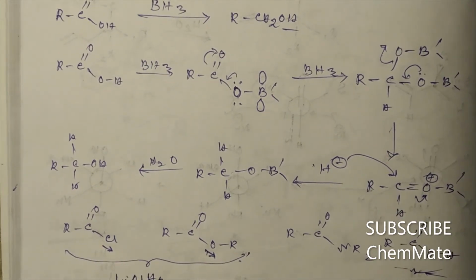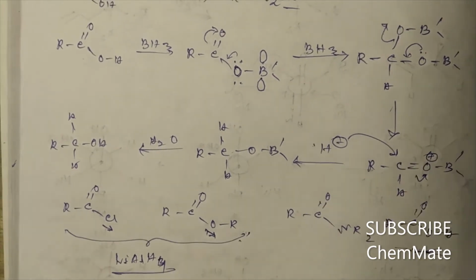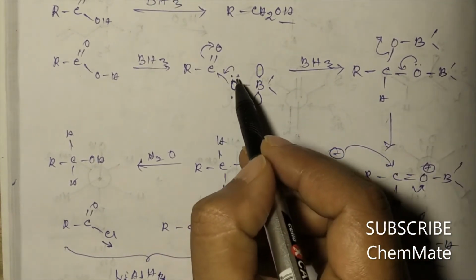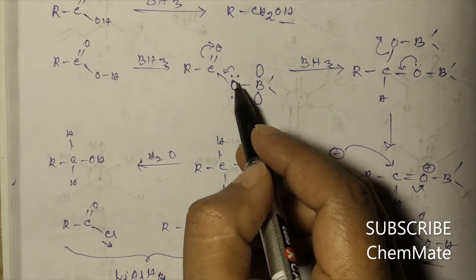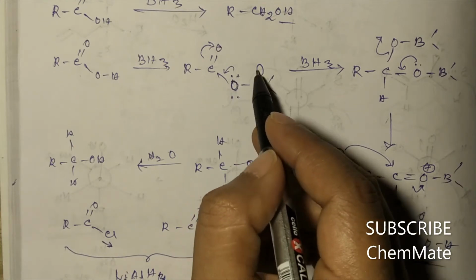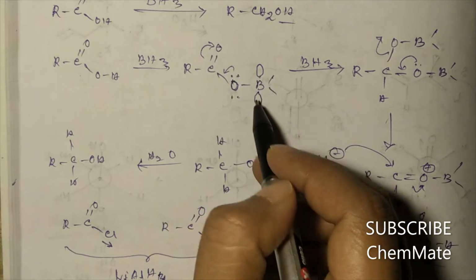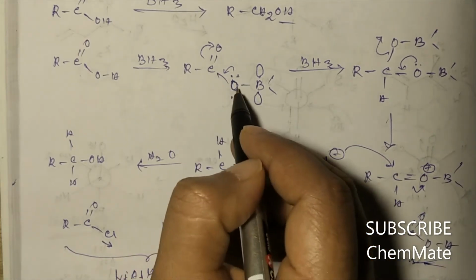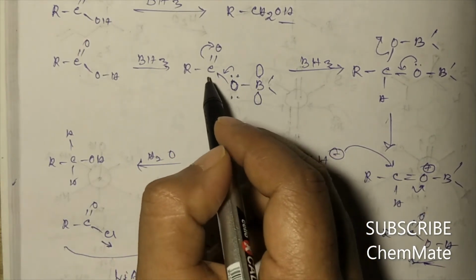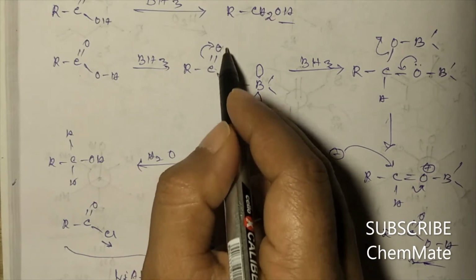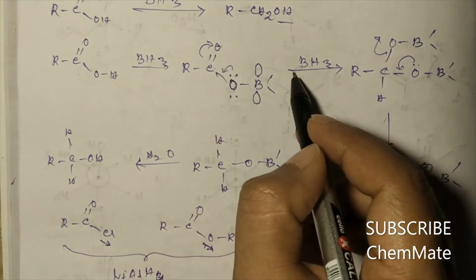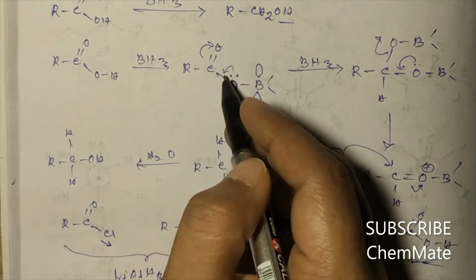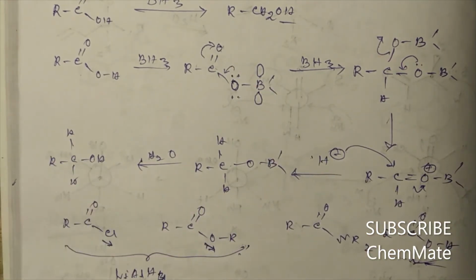So in this case, as we can see, in this ester the oxygen lone pair will come in conjugation with this carbonyl group as well as this boron. So after forming this ester, this C double bond O actually gets activated, and then further BH3 will reduce this C double bond O to alcohol.